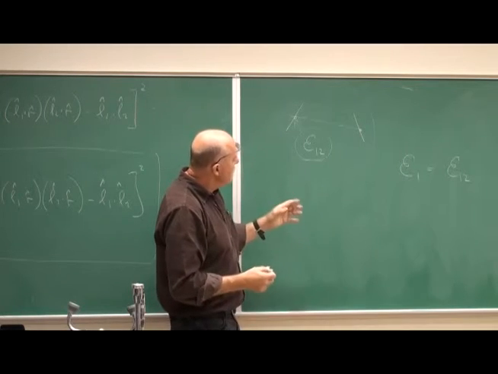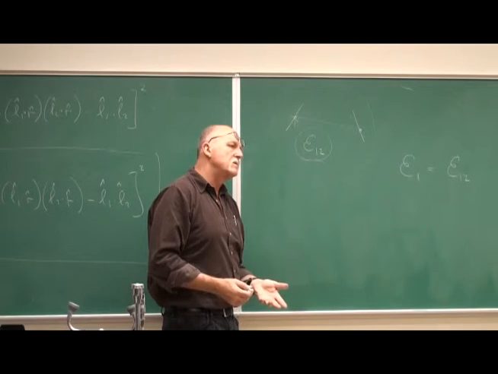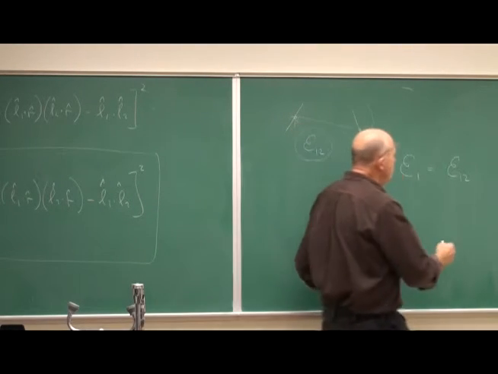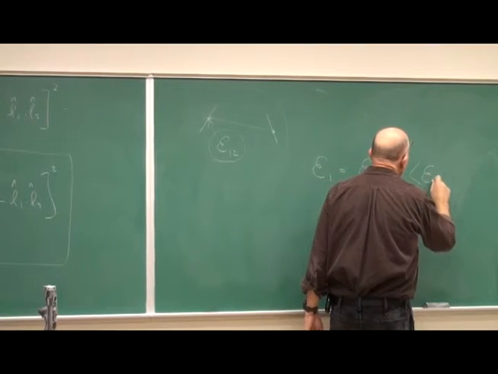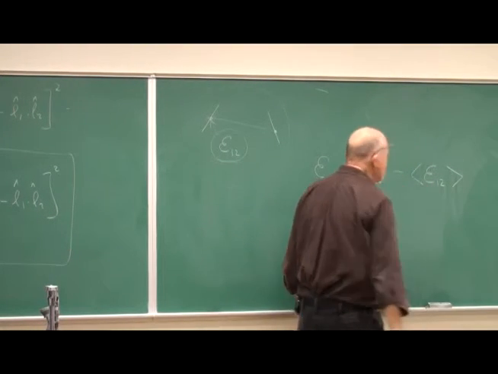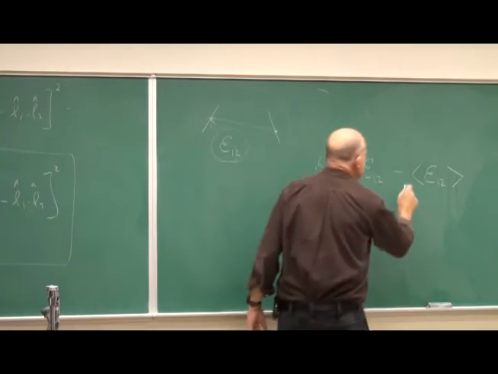I should really only give it half of that, but then I don't get the right forces and torques. So I'll fix it by subtracting 1/2 of the average of this.